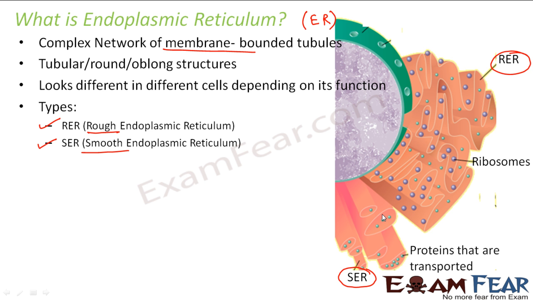So, this is not displaying the entire cell. It has just magnified the endoplasmic reticulum's picture. So, here you can see these are the tube-like structures which are forming a network, right? So these are the rough endoplasmic reticulum and these are the smooth endoplasmic reticulum. We will talk about both RER and SER in detail in the next slide.